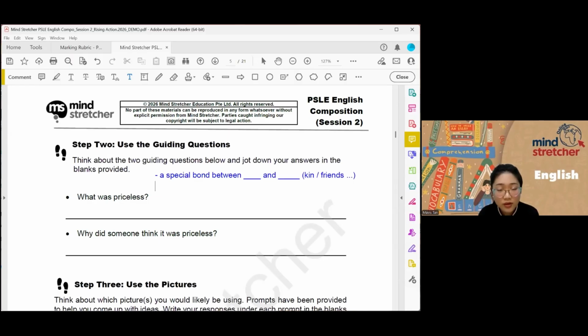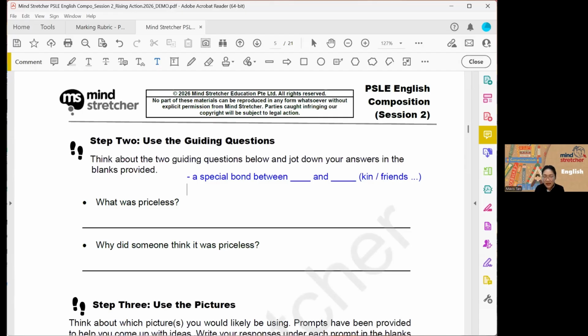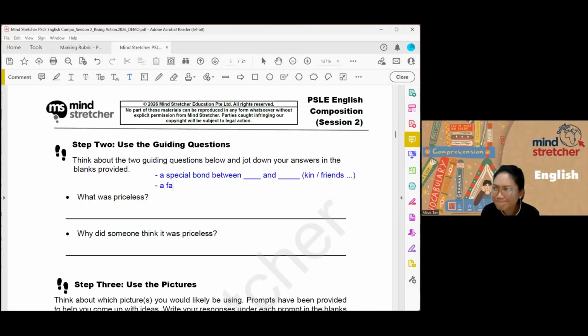You care for your pet, it reciprocates, loves hanging around you when you're doing your homework and all that. A special bond. Or it could be something tangible, like a favorite something, could be a toy, book, or object given by someone.